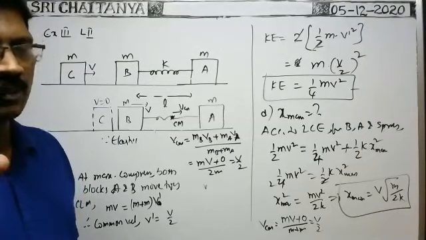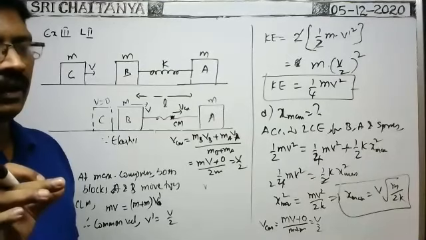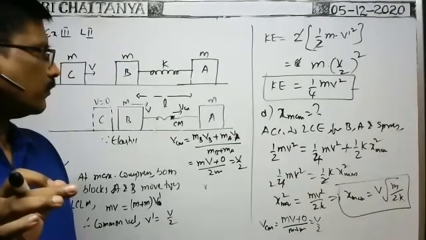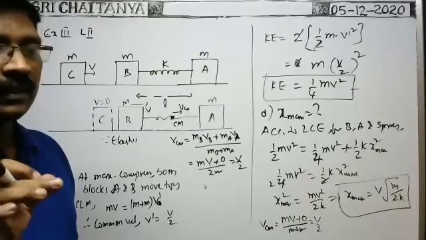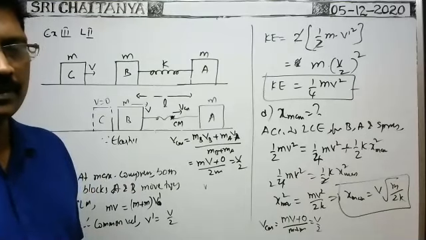When two blocks are joined by means of a spring, what is the time period of those two blocks?